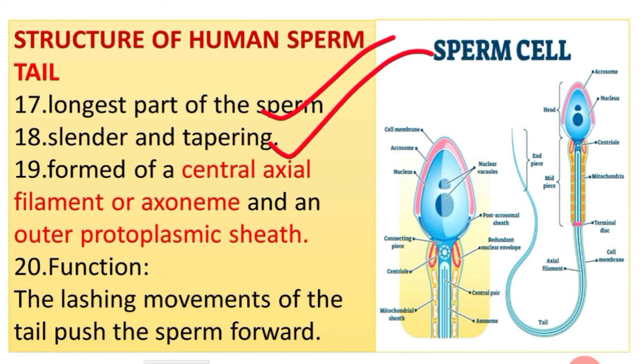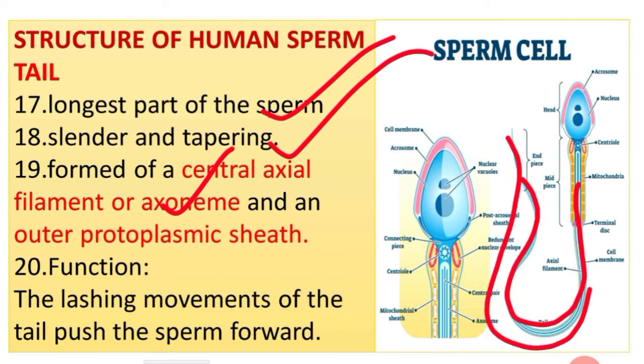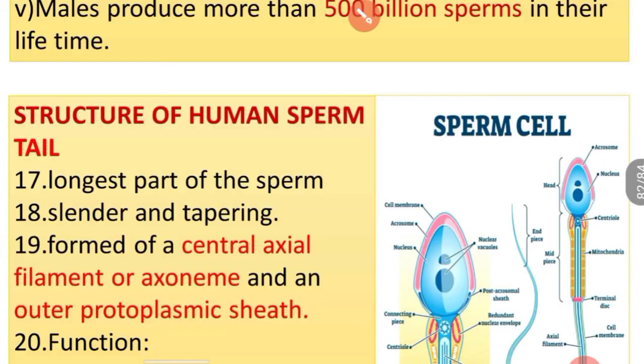The central axial filament is called the axoneme, and it is covered by an outer protoplasmic sheet. Function: the lashing movement of the tail pushes the sperm forward. The tail waves like a whip, and that gives movement to the sperm. Got it?